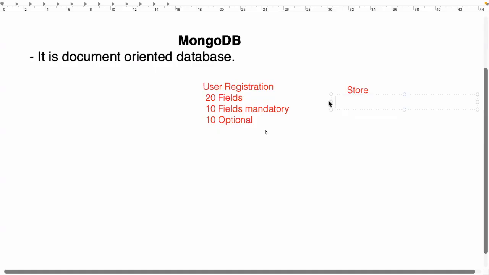If 10 are mandatory and he enters an 11th one and you have no place to store it, it will not be there. That means you have to design the store for 20 fields.